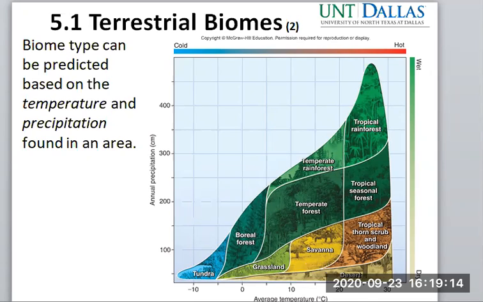In deserts, the temperature is very high and precipitation is very low. One thing I want to mention is that when we classify any biomes, we don't consider soil type, topography, wind speed, or other important environmental factors. What we consider is just the average temperature and the annual precipitation. So these are the different kinds of biomes, and we will be talking about all of them in the coming slides.